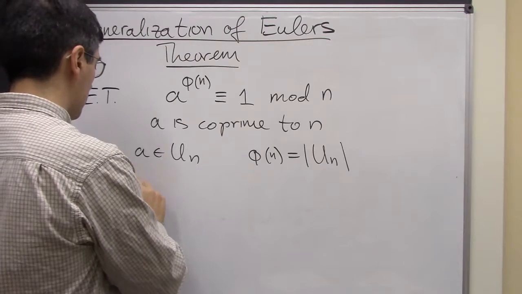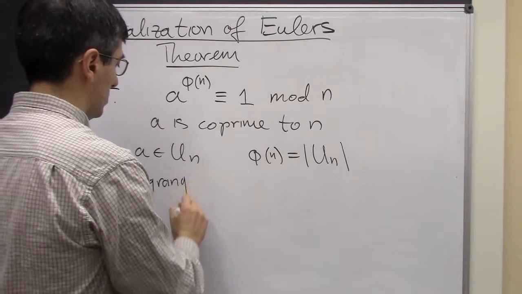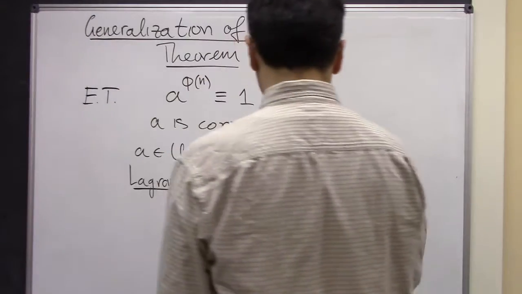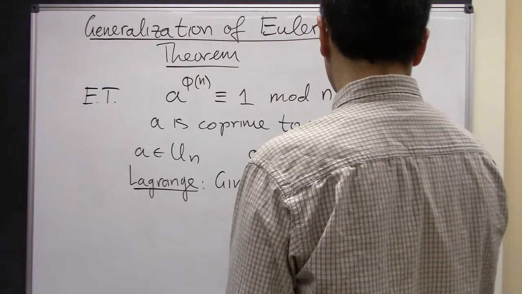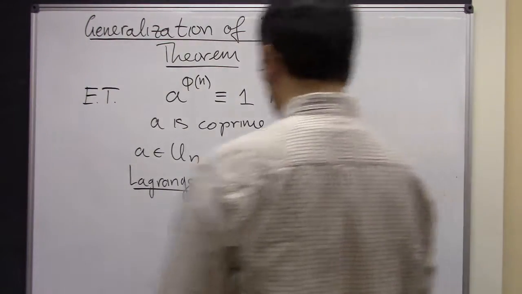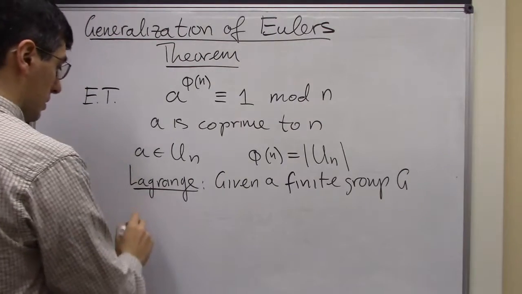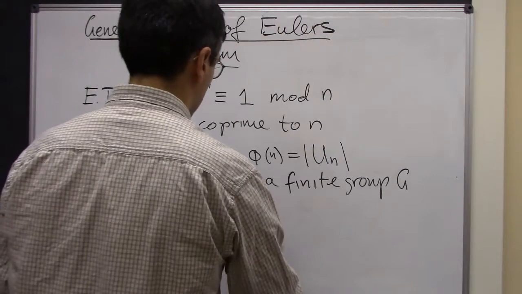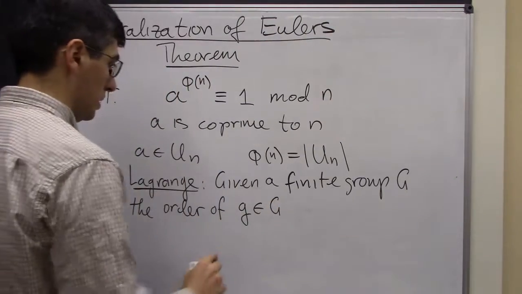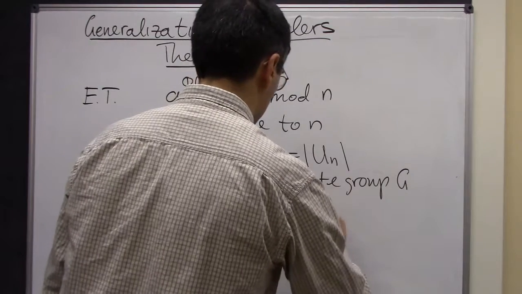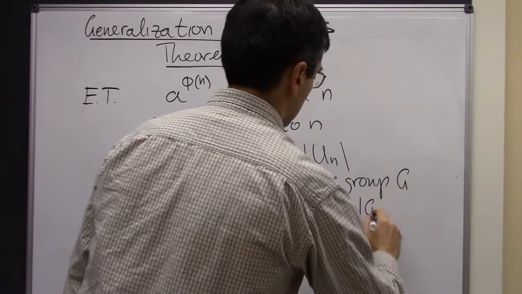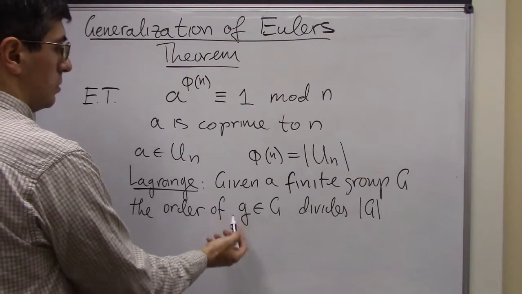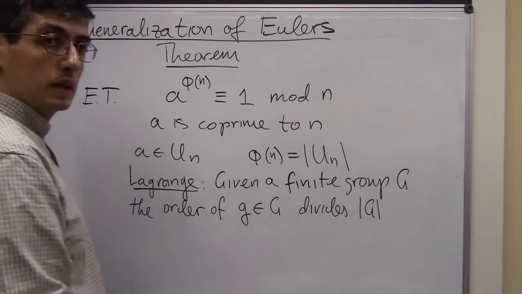So Lagrange's theorem. Lagrange says that given a finite group G, the order of an element in this group divides the order of G. Well, the order is the smallest positive number such that if you raise g to that power, you get the identity.